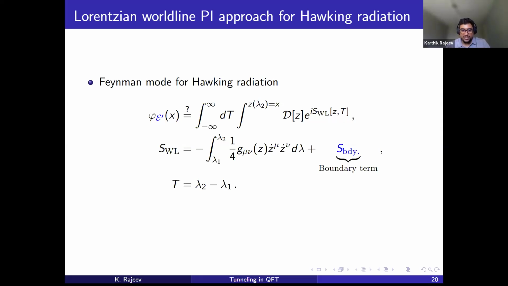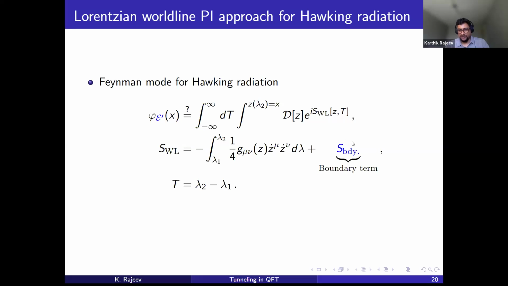It's all the same as what we did in the Schwinger effect case, that is in the constant electric field case. But this time, the world line action is the action for a massless particle in the collapsing black hole space-time. So in that sense, it's also all the same.